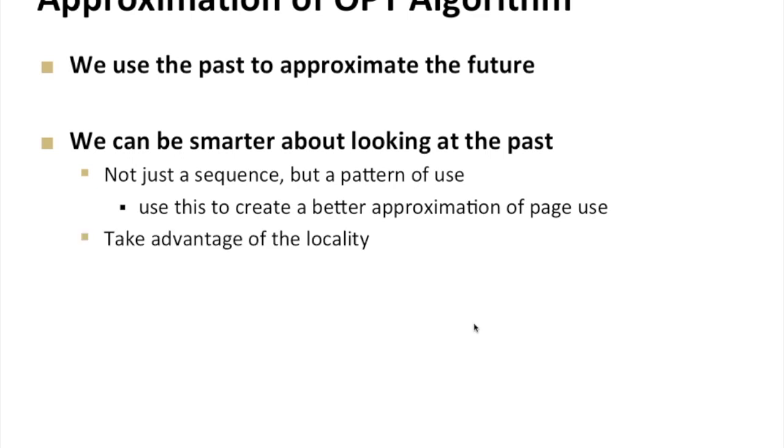We can take advantage of locality, on the fact that if we've accessed this page, we're going to probably re-access these pages again. But which one is most likely to be re-accessed? We could create working sets, the set of pages that we're working on now. Think about how your program works. We might have a long program, and in the beginning we're doing some processing and setting things up.